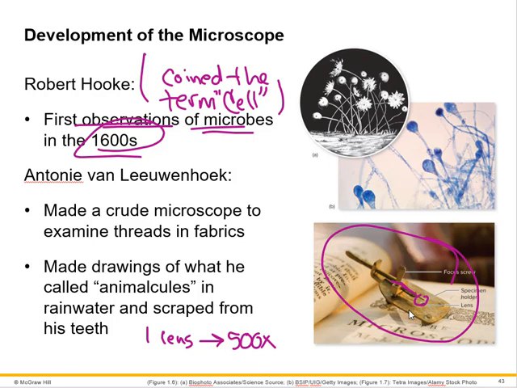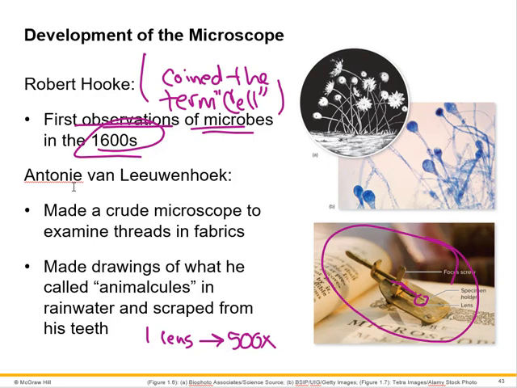But in actuality, the microscopes that we have, the most that we see is like 100 times, maybe 1500 if you have a 15x ocular lens and a 100x, or you could get 2500 if you have a 25x ocular lens and a 100x. But one single lens, not a combination of lenses, giving us a 500x magnification is pretty amazing, especially considering he was back in the 1600s.